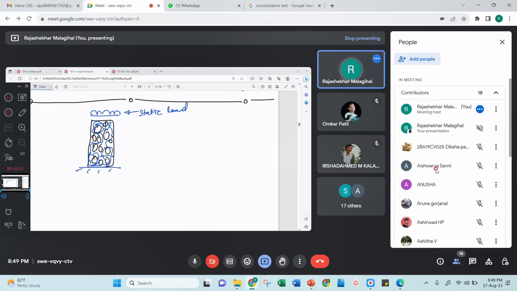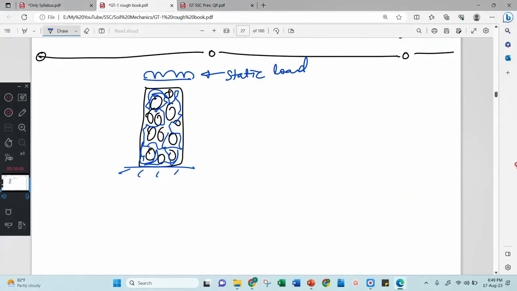No idea? Okay. This consolidation is happening because the soil is permeable. Very interesting. If the soil is not permeable, then this expulsion of water will not happen.